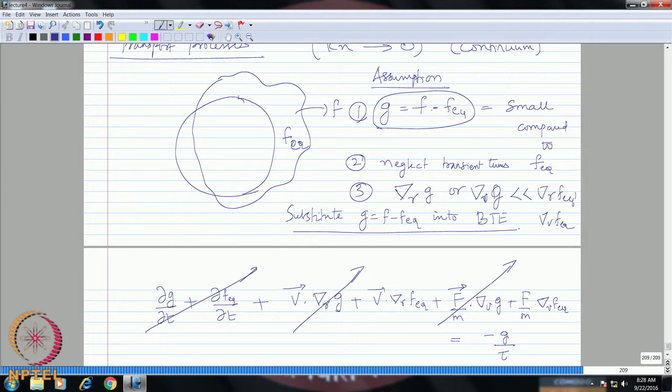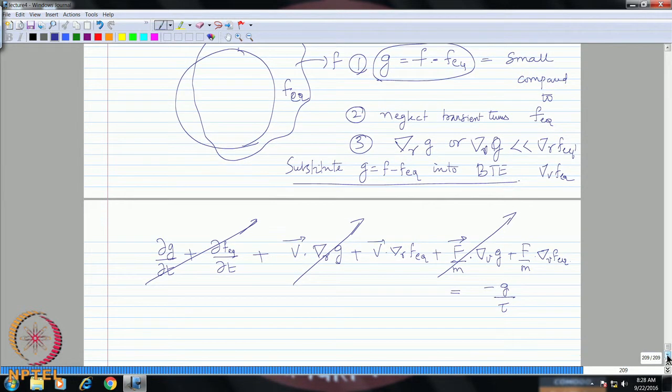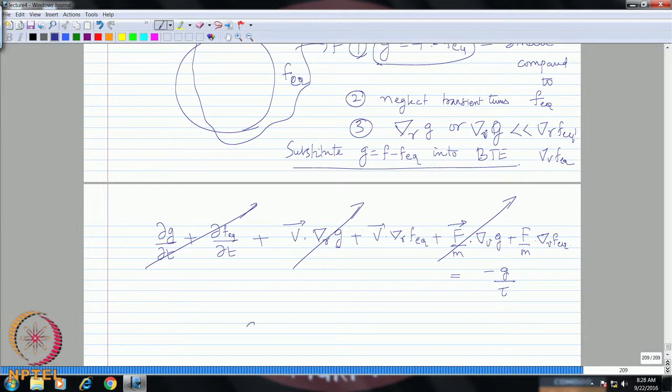And therefore, finally what we get is a relationship for g as minus tau times v dotted with del r f equilibrium plus f by m dotted with del v f equilibrium. Okay.